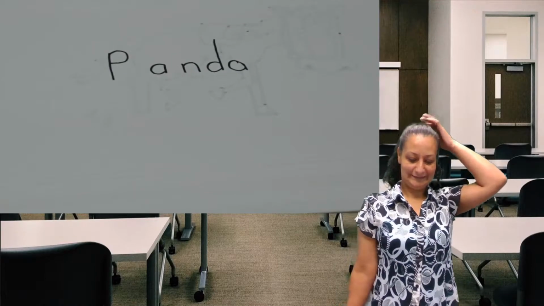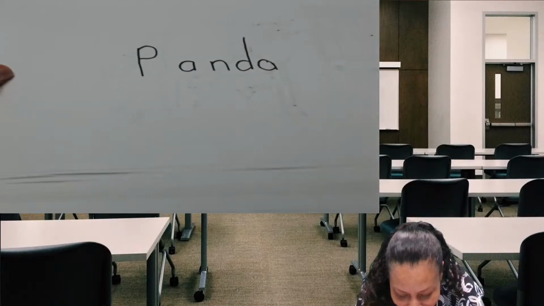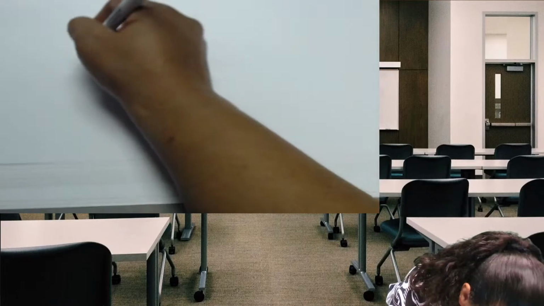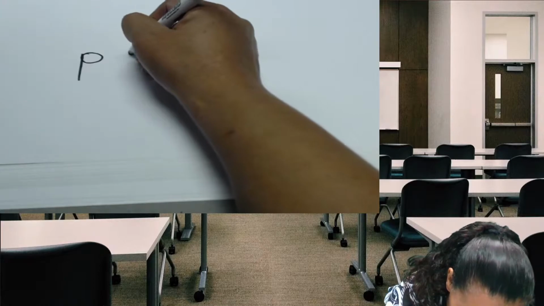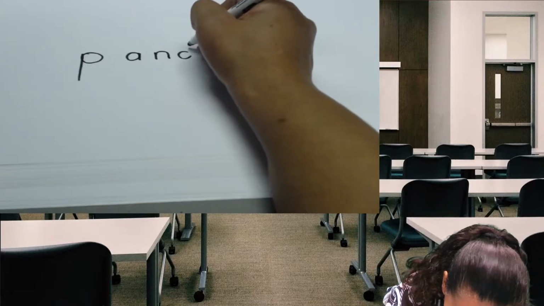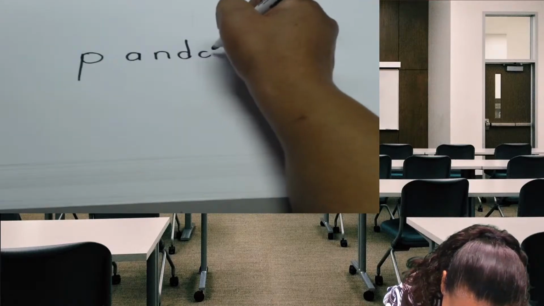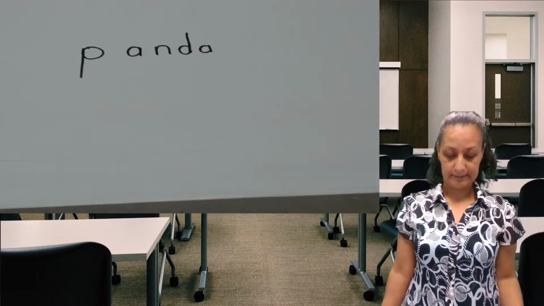D. So we're gonna do it like this, guys. If our panda comes out looking a little weird, it's gonna be weird. All right. So it's just right there, and then a, n, d, a. So that's the beginning of our drawing for panda.